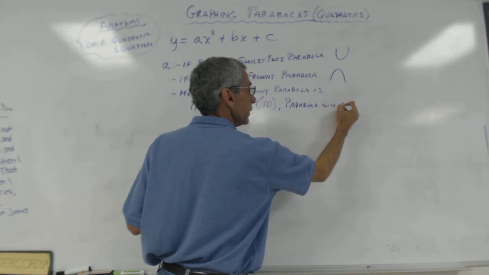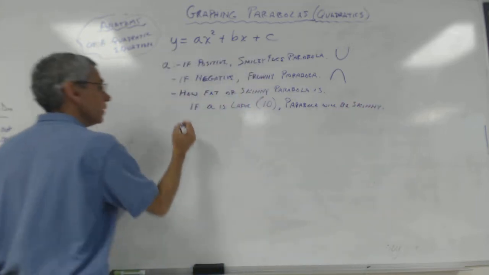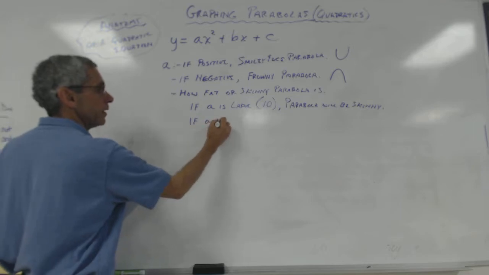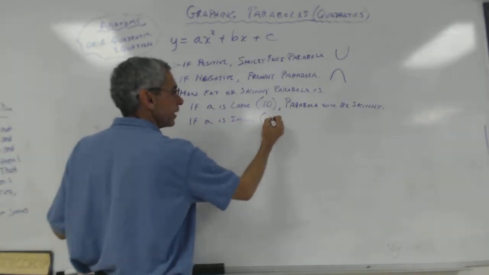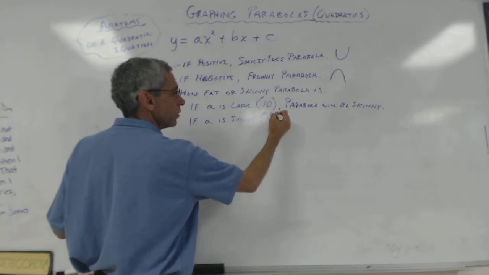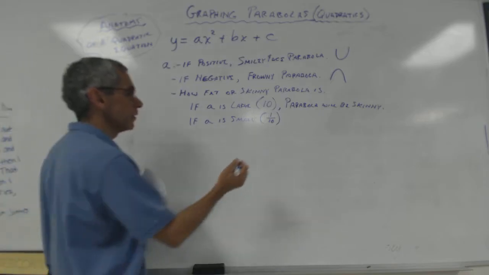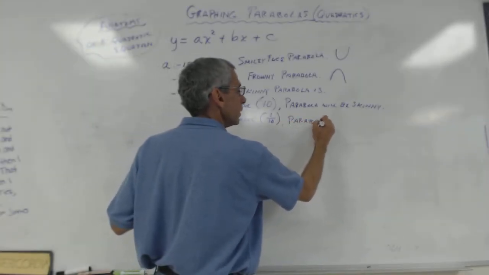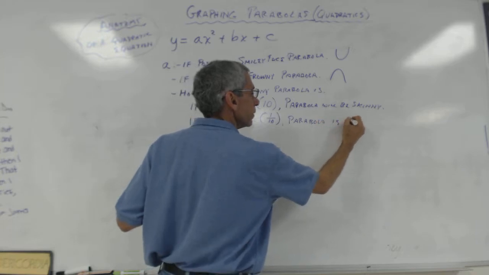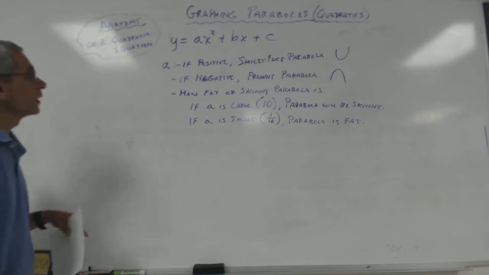If A is small, for example a fraction like 1/10, that'd be pretty small, 1/10 x squared, and the parabola is fat. That is logic. So that's A.